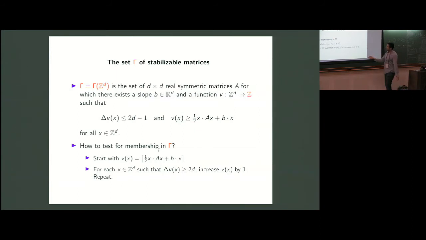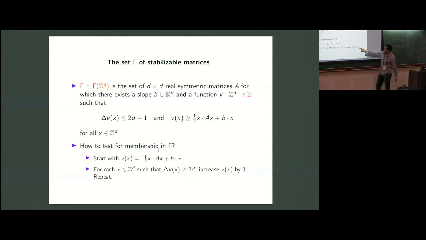Well, if I did, it means my Laplacian somewhere in Z^d has to be bigger than or equal to 2d, right? And what should I do in that case? Well, the only way to decrease the Laplacian is to increase the value of v by 1 at that point x. Because any other change I make, I can't decrease v, I already started with the smallest v. And if I increase v elsewhere, I'm only going to make this Laplacian even bigger. And what happens when you increase v by 1?